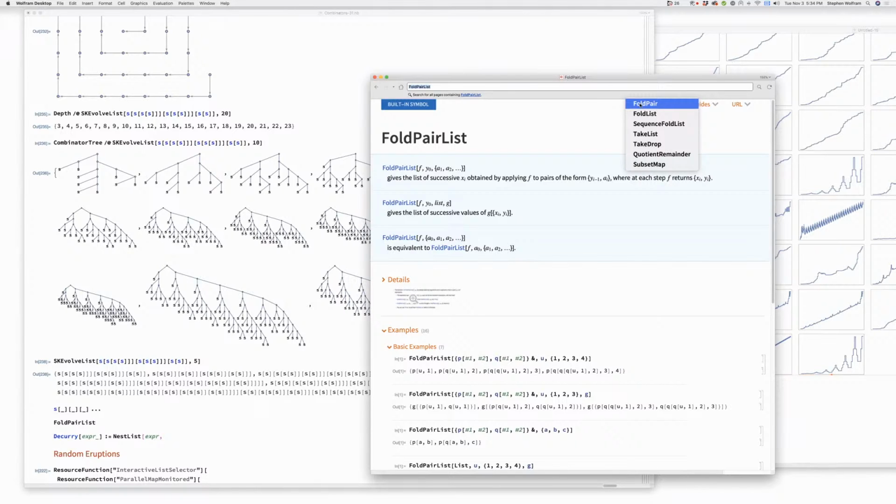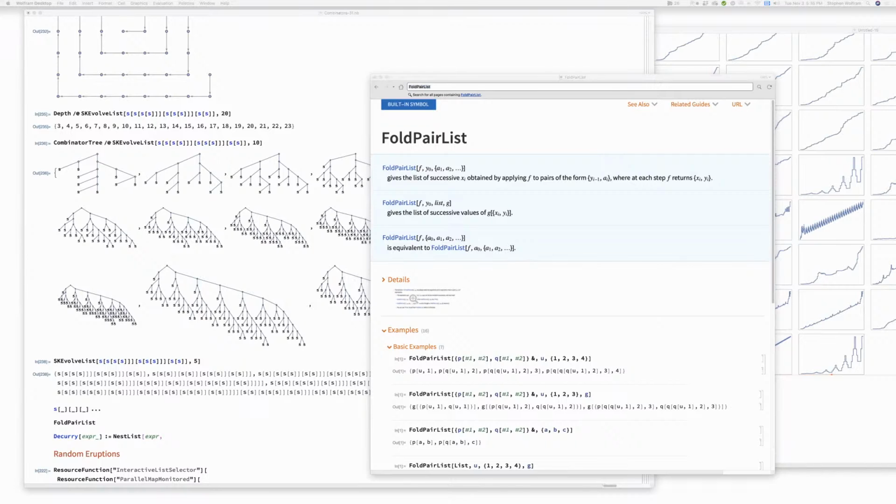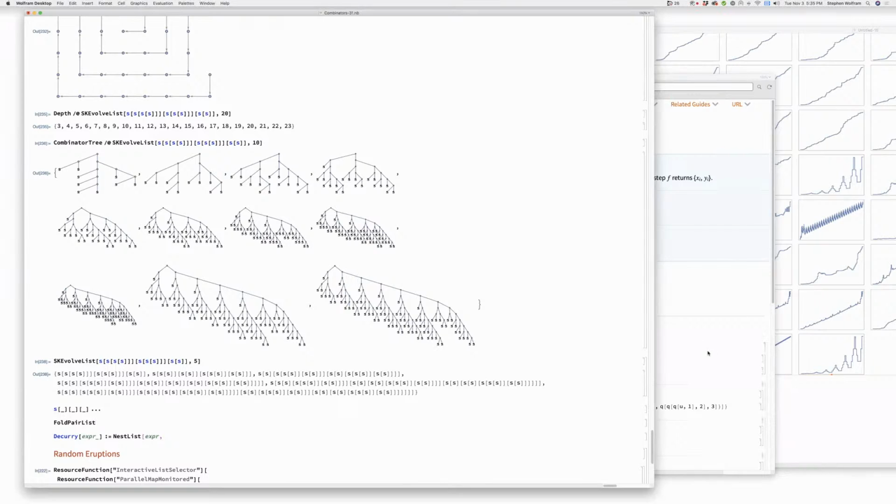Ah, thank you. Somebody is pointing me to function repository. Is this helping? I think this is a different operation, slightly different operation.